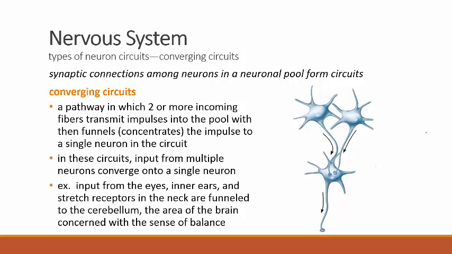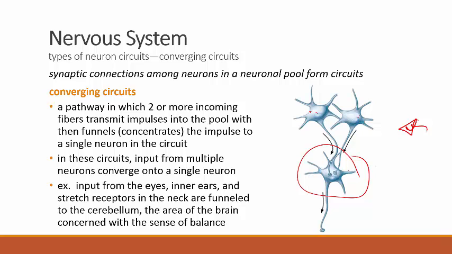Here we see a very simple converging circuit where two neurons are focusing their axon transmission onto a single cell, so that we're concentrating this signal toward one individual cell or a small group of cells. These are converging circuits or converging pathways.